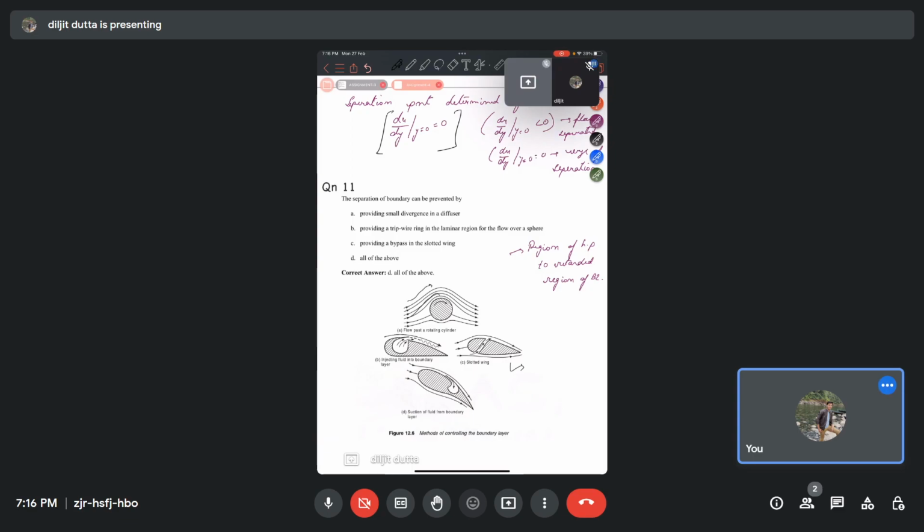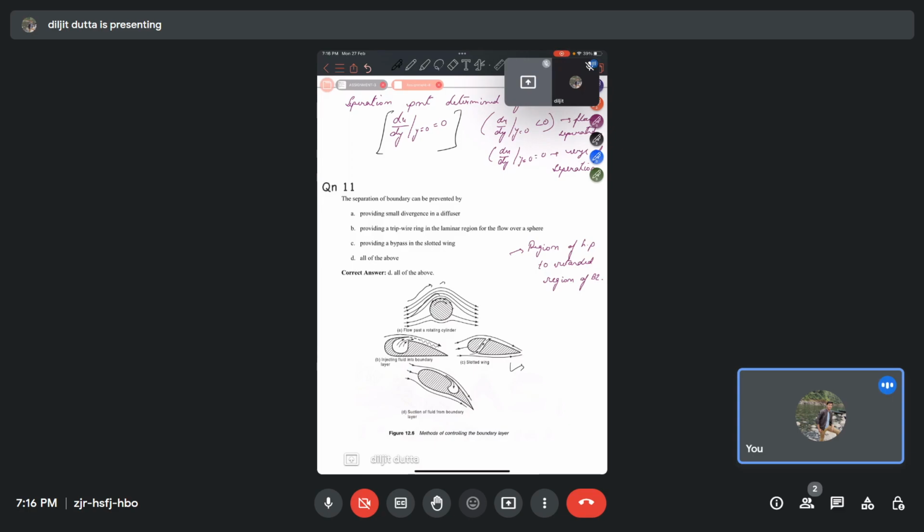Since the spherical ring will also be moving with the flow, the particles on the surface of the sphere or the ring will also be moving with the flow. So in that case, the boundary layer won't be coming to rest. So this will also prevent separation of the boundary layer.